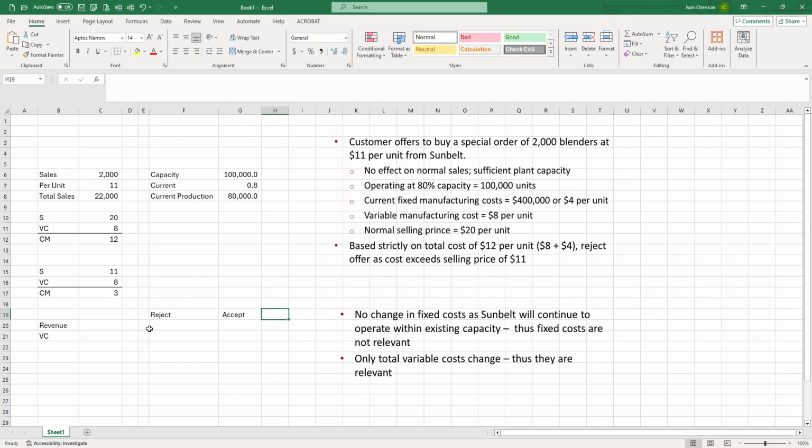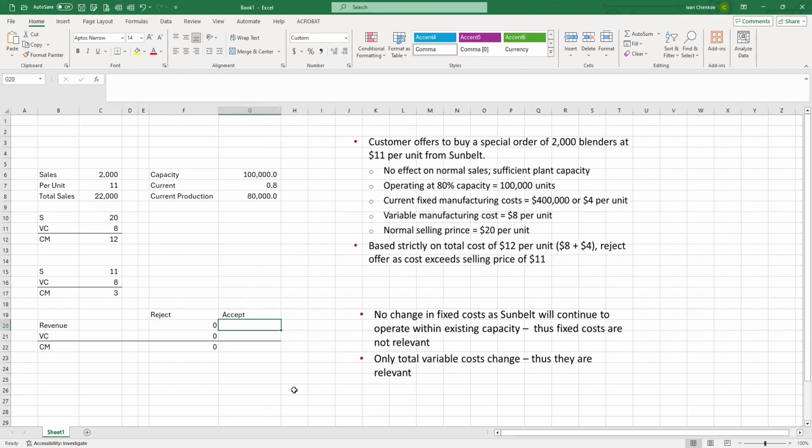What should I do? If I reject it, if I say no to this guy, how much will be my revenue? 0. How much will be my variable cost? 0, since I'm not doing it. How much will be my contribution margin? 0 minus 0 gives you 0, right? Now, if I accept it, what's going to happen? I'm going to generate $11 from 2,000 units, so $22,000.